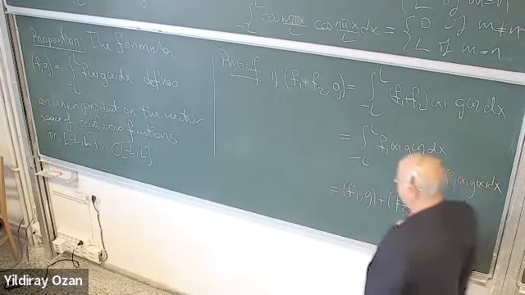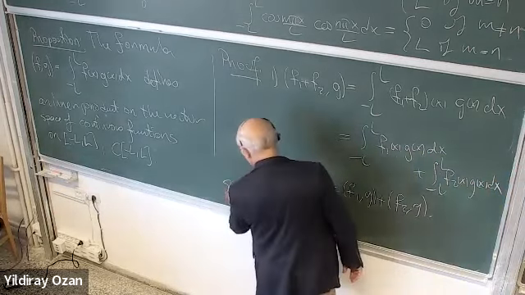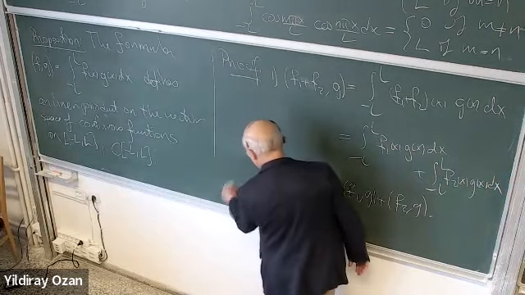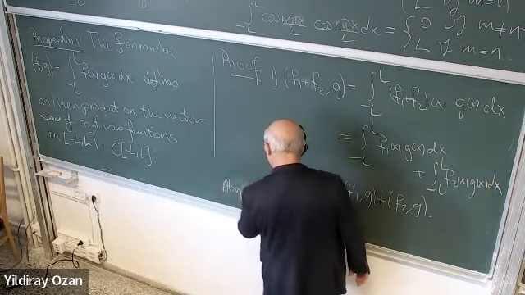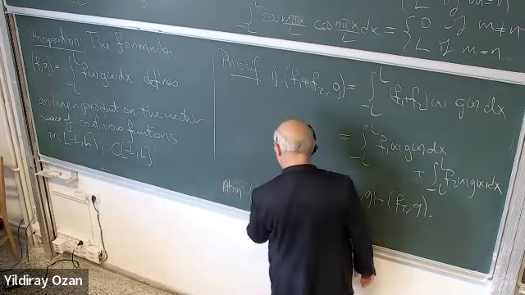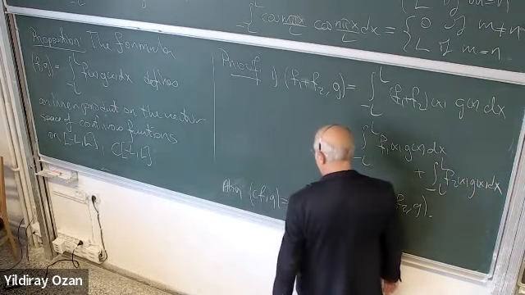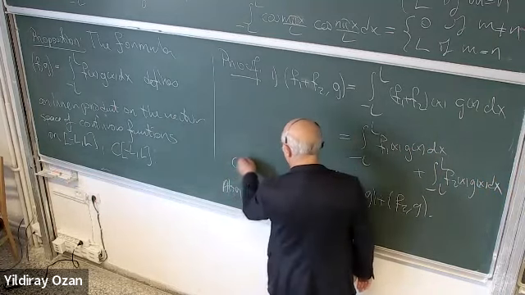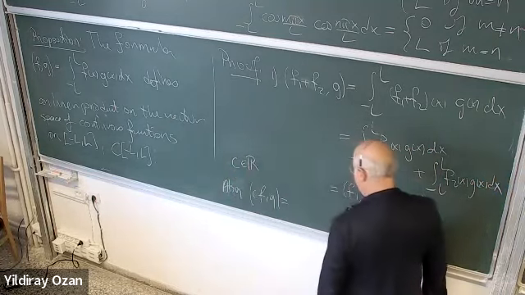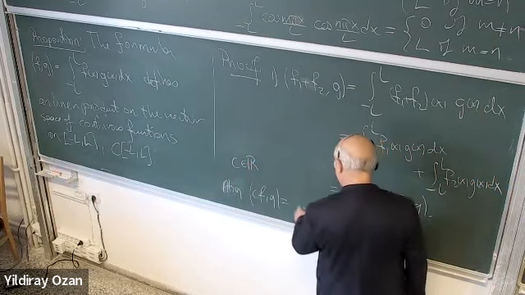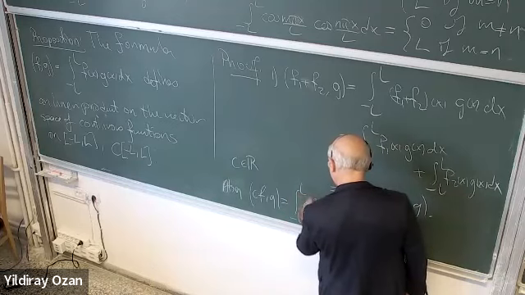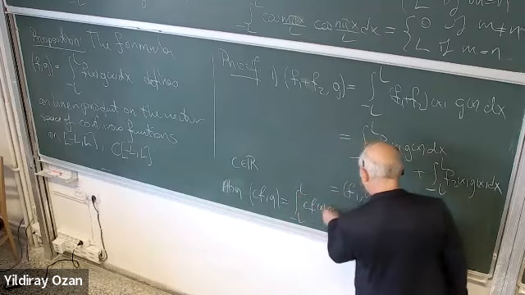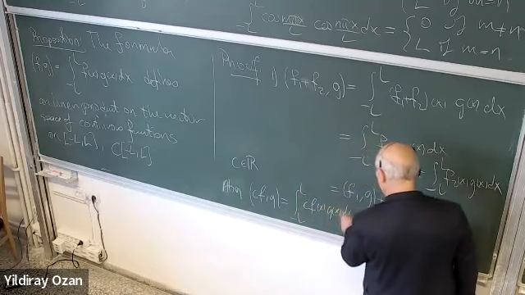And similarly, also this, (c f, g), where c is any, let's say, real number, is what? So this is the integral from minus L to L of c times f(x) g(x) dx.